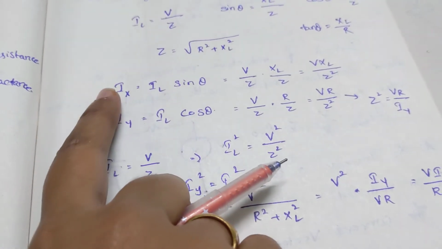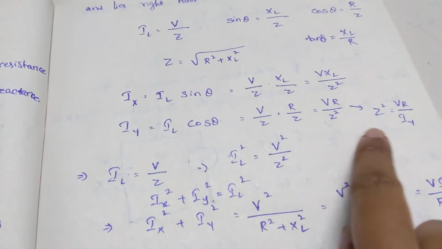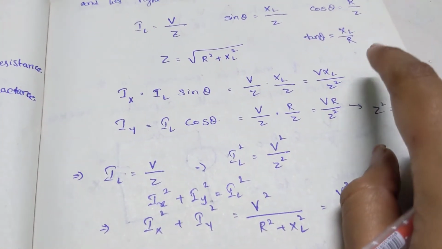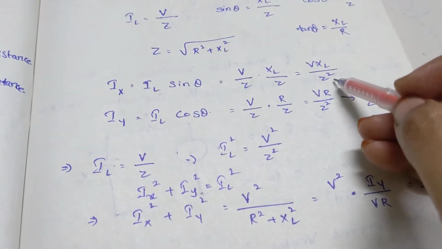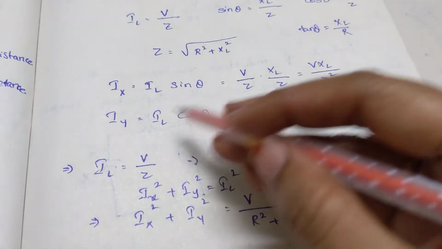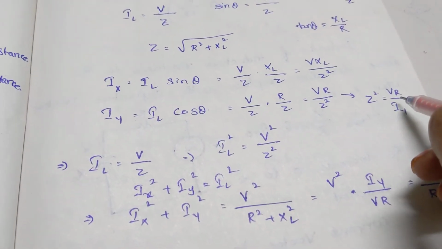So I can know the Ix value and Iy value from the locus diagram. You may ask the question, why not choose Z square from Ix, why choose it from Iy only? Because I know the resistance value. Resistance is a fixed quantity.